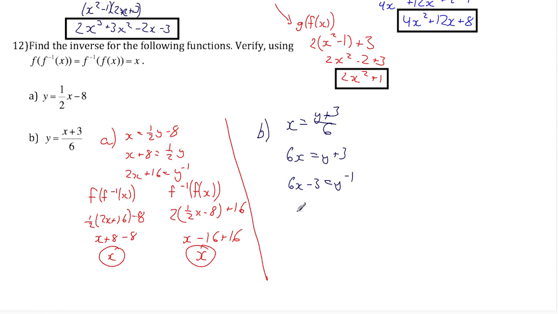And then again, we want to verify. So we're going to plug the inverse into the original. The original is x plus 3 over 6. So we're going to do 6x minus 3 plus 3 over 6. Minus 3 plus 3 cancels. 6 divided by 6 is 1, so we get x.